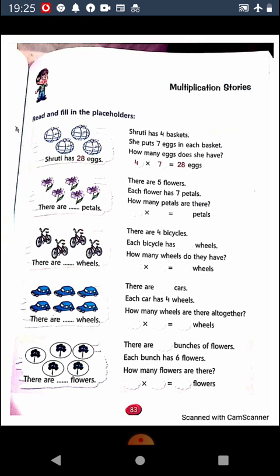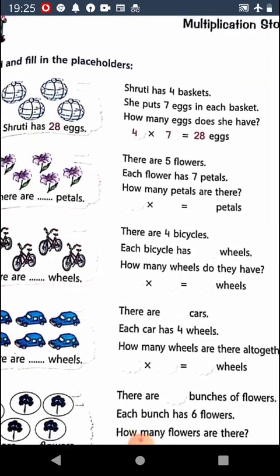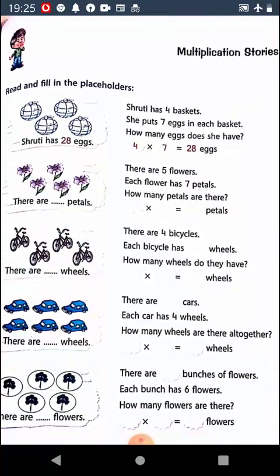So how do we identify a word problem based on multiplication? In multiplication, suppose something for 1 is given and you have to find for more. Then in that case we do multiplication.